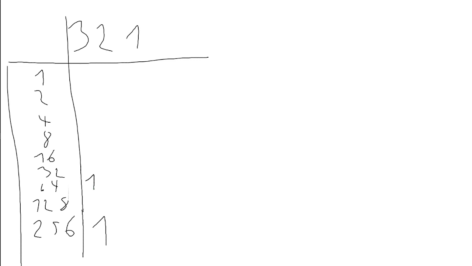But actually, if I already use 64 and 256, it's clear we cannot use such a big number like 128 anymore. And then we use 1 once. So we get 256 plus 64 is 320, plus 1 is 321. So we use these 3 numbers once, which fulfilled the rule, and all the other ones we use 0 times.